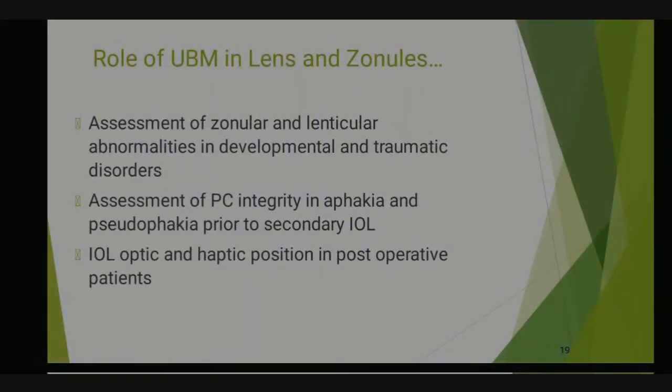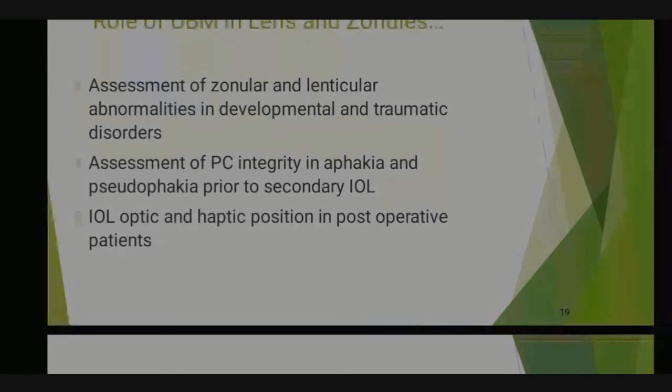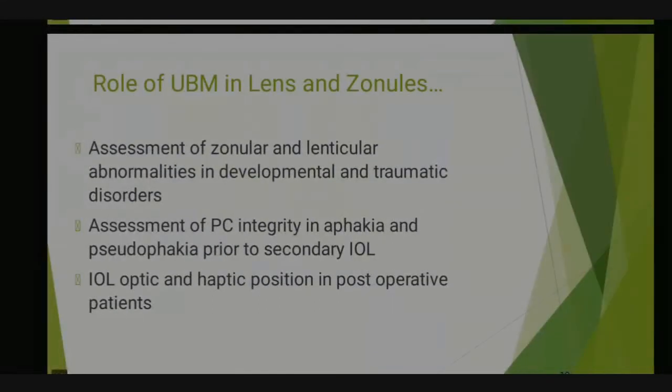And we'll see the IOL, in cases of haptic in glaucoma cases, like lens induced glaucoma, they will ask to see whether the haptic is rubbing the iris or the cornea. In all these cases, they will ask for UBM.